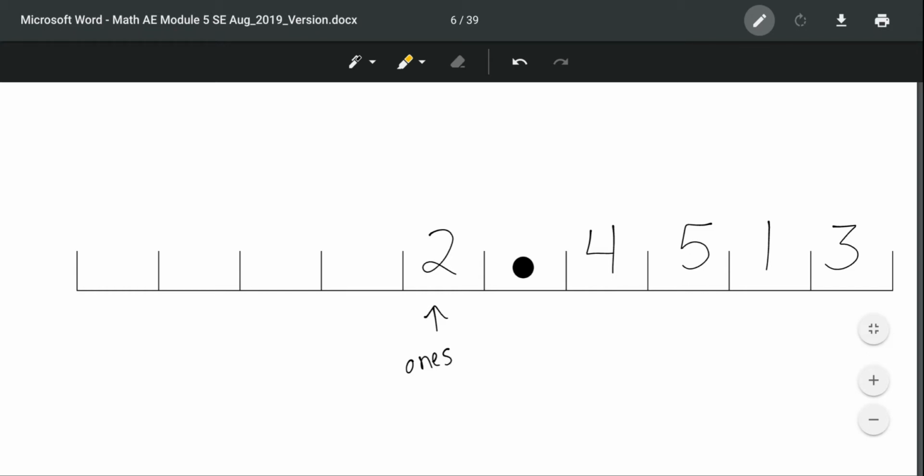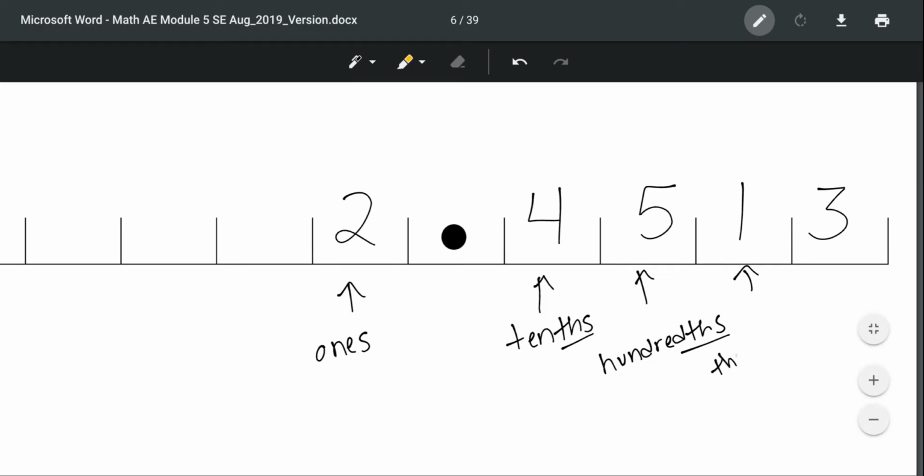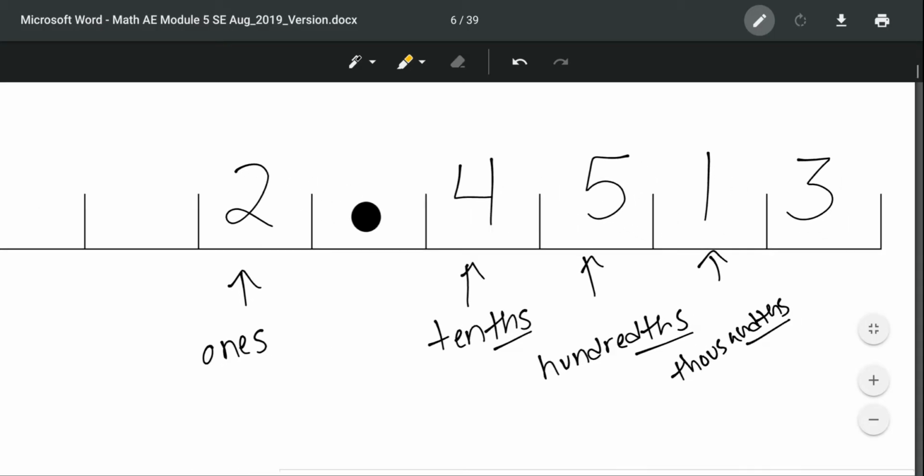Anything to the right of the decimal, for example, 4 would be the tenths place, and it has a THS at the end. 5 would be in the hundredths place, so it has a THS at the end. 1 would be the thousandths place. And then 3 would be in the 10,000ths place.